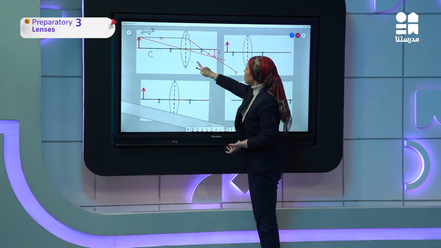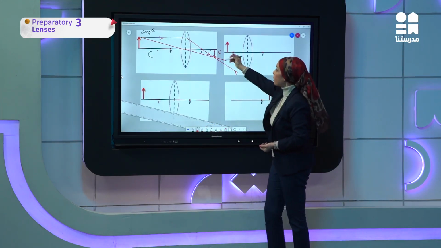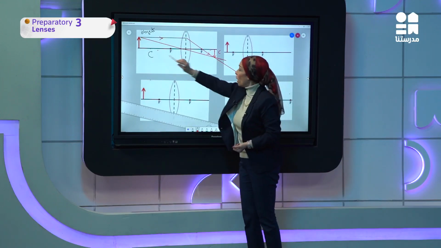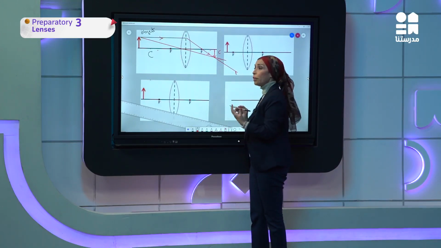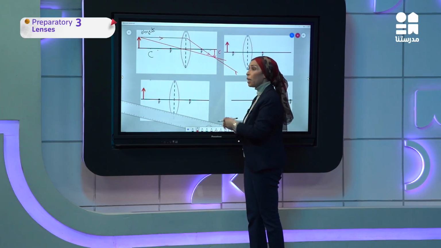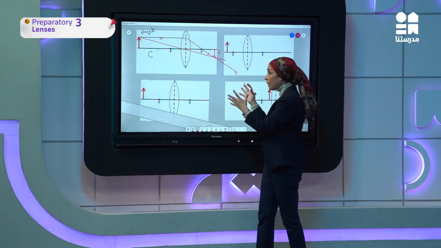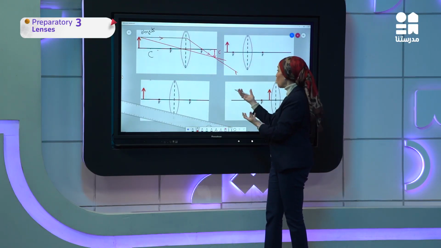And what else? Can you recognize the properties of this image? It's inverted. Well, what about inverted? Inverted means real. And what about its size? It's smaller than the size of the object. So it's clear to us how we can do this type of drawing.